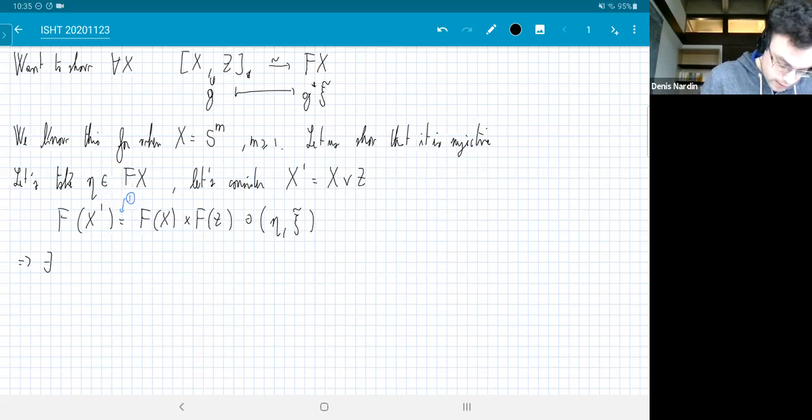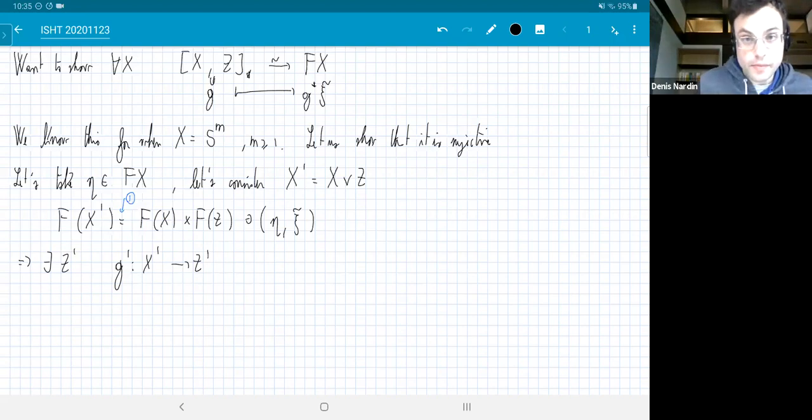Therefore, there exists some z prime with a map, call it g prime, from x prime to z prime, and psi tilde prime in f of z prime with the properties given in the claim. That is, it pulls back to eta comma psi tilde.